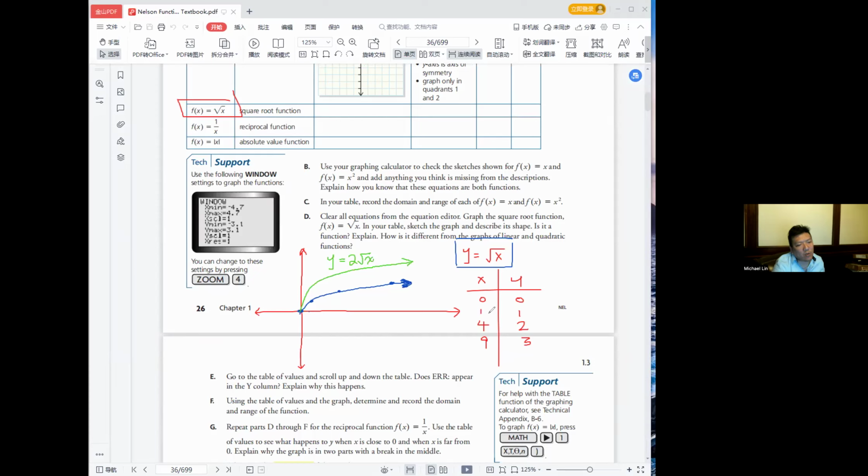So instead of it going through (1, 1), it's going to go through (1, 2), then (4, 4), then (9, 6) instead. All my y coordinates will be doubled. Okay. So I should expect y equals 2 root x to look something like this. This is known as the radical function or square root function.